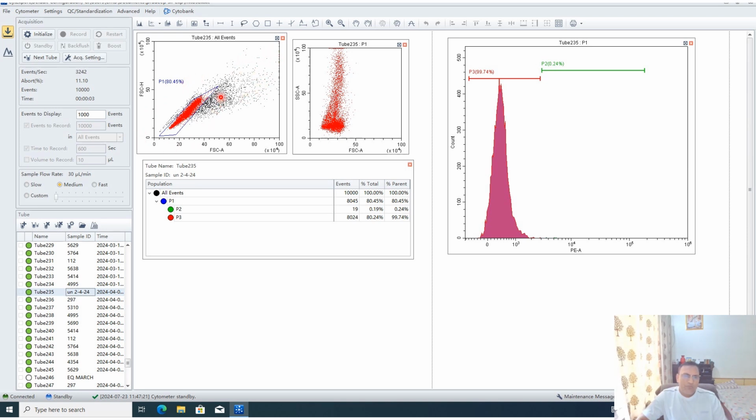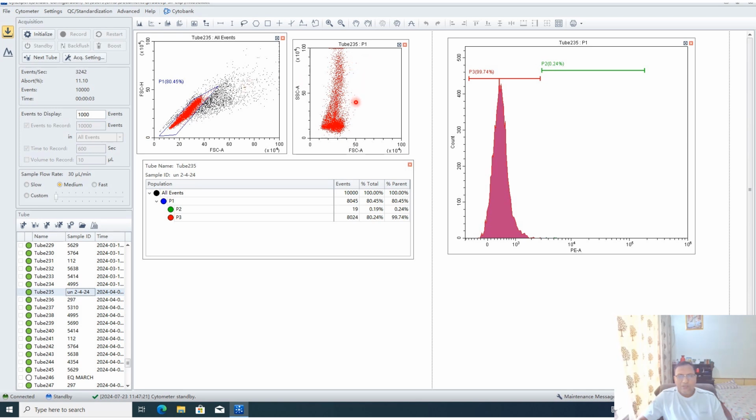So we selected this population, considering these to be the sperm cells. This is all events, and here we run 10,000 events, which means we analyze 10,000 sperm cells. Out of this, we selected 80%. This is called the P1 population, so out of 10,000, 80% of cells are selected for analysis.